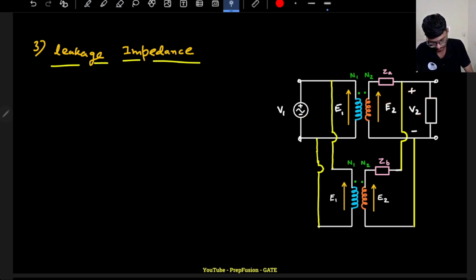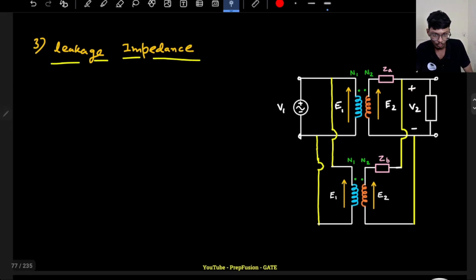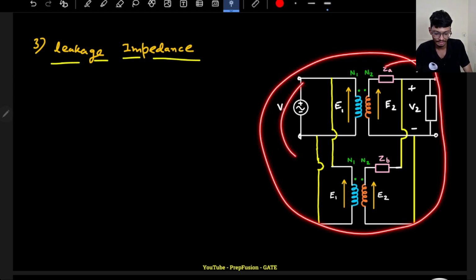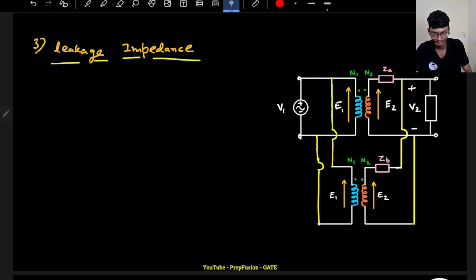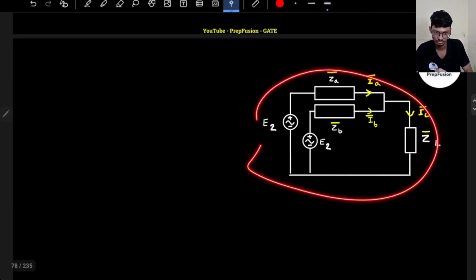What I want to do is see which transformer is delivering how much current, because there will be some load sharing happening. These are the impedances ZA and ZB. I can rewrite this whole equivalent circuit in terms of this, which will be easier for us to solve.